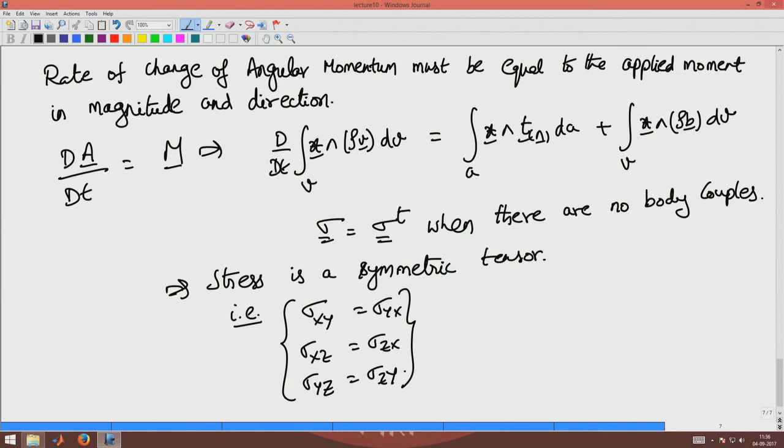So, what you have seen till now is how to get the force equilibrium and the moment equilibrium systematically from Newton's second law. We saw that force equilibrium results in an equation of the form divergence of sigma plus rho b equal to rho a when the stress field is continuously differentiable in the interior of the body and continuous at the boundary, which means there is no discontinuity between the boundary and the interior, and the stress cannot blow up in the interior of the body.